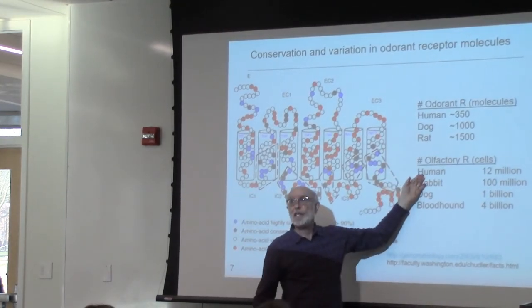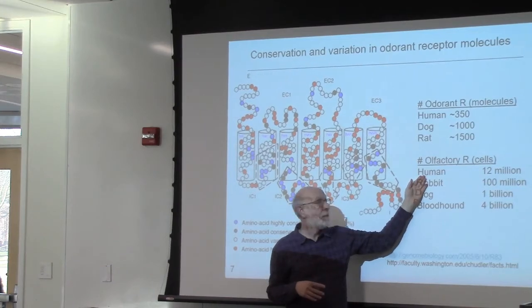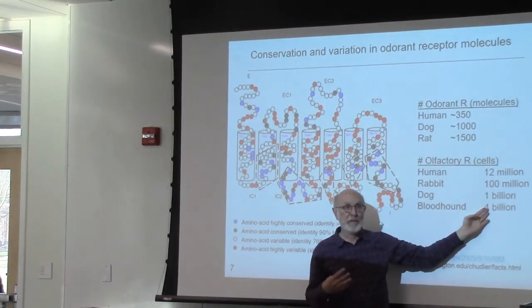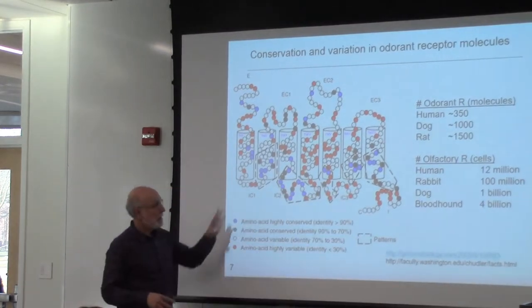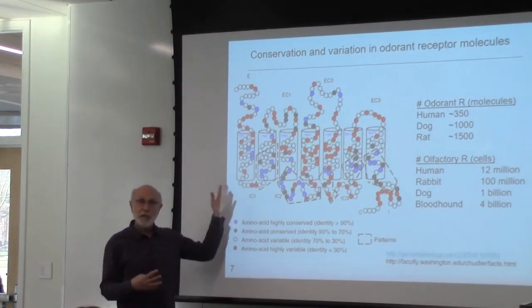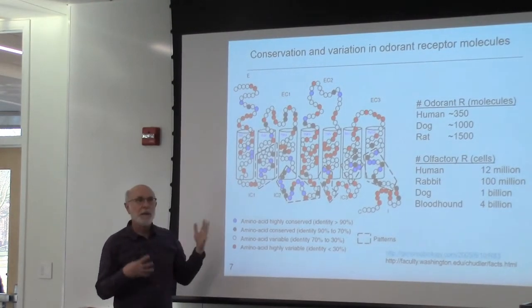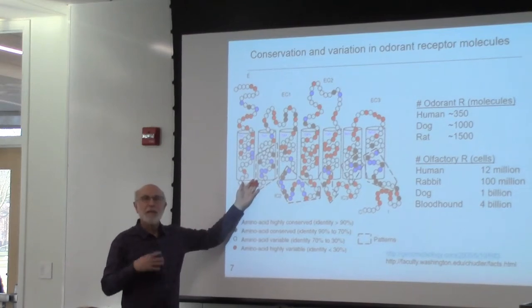Humans express something like 12 million different receptor cells in our olfactory epithelium. A bloodhound expresses something like 4 billion of them, because it's a very olfactory animal. But the difference between the different receptors are different amino acids. Different amino acids make different receptors.